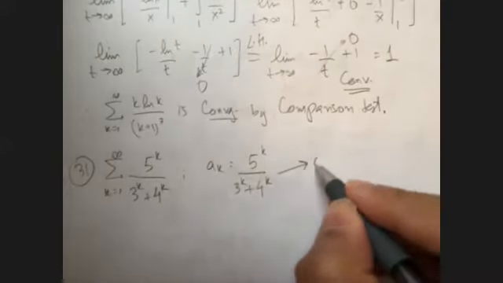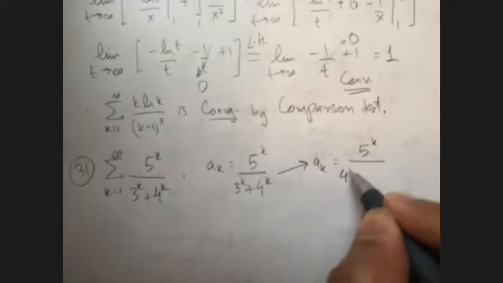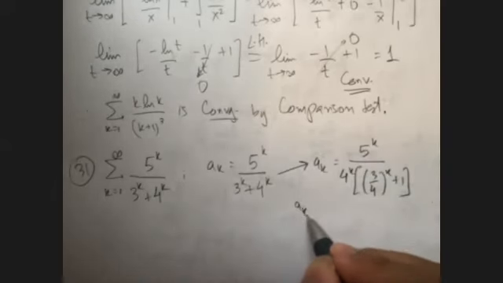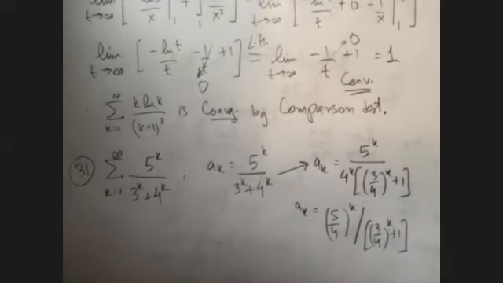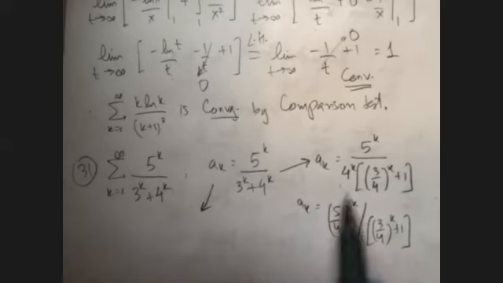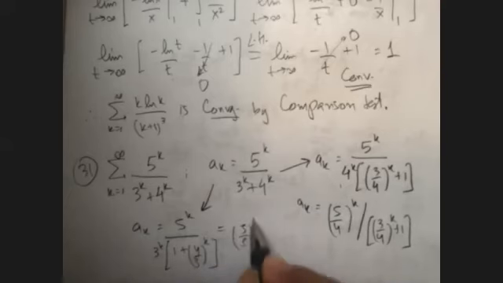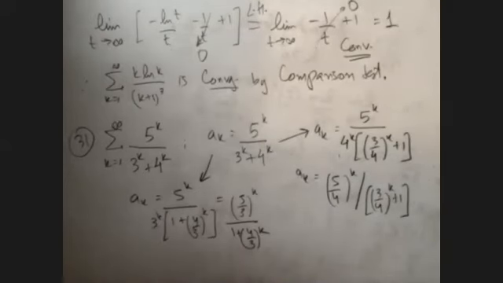We can either proceed like pulling out a factor of 4 like this, or we can also, instead of pulling out a factor of 4, pull out a factor of 3. So we can rewrite AK in these two ways.